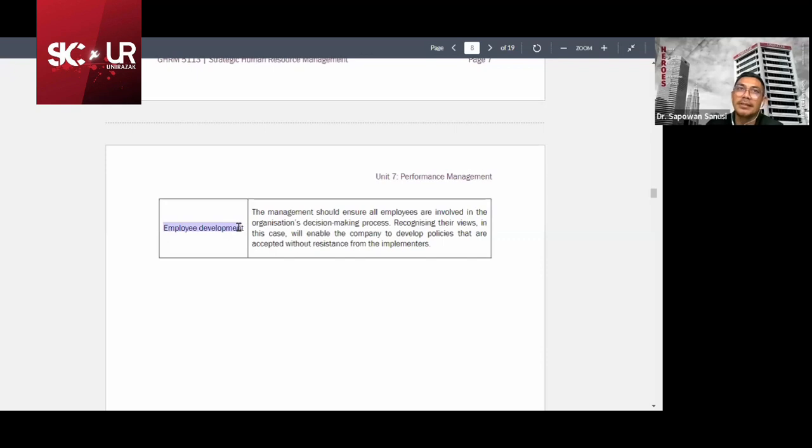After appraisal, dia akan dapat contract and everything, and also employee development. Kemudian ada dua. Satu, improvement, satu promotion. Okay? We call it, kalau promotion tu development lah. Kalau not performing, they call improvement plan. Employee improvement plan, employee development plan.